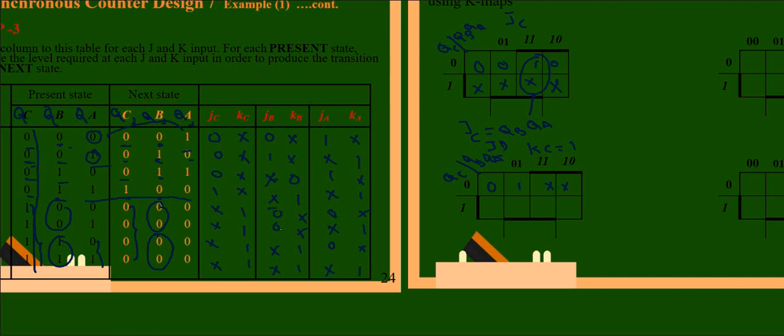Then it is 0 0 don't care, so 0 0 don't care and don't care. In this if you are doing grouping, I can do 1 and don't care together. So the equation comes like that. Take QC bar here, then 0 1 cancels out as QB, then 1 1 is QA, take QA here. This is the equation for JB.